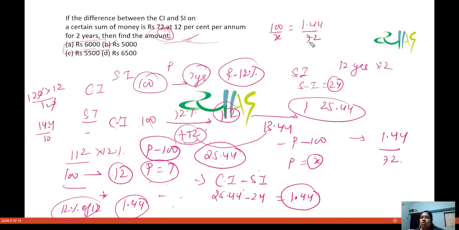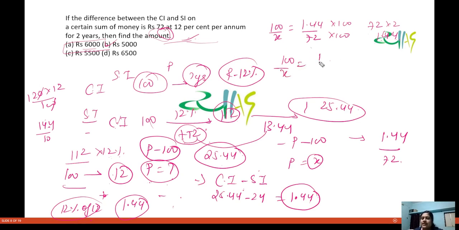Now, 72 into 2 is what? 144. So how will you do this? Basically, just multiply by 100 here. If you are not very comfortable with the calculation, then I am saying this; otherwise, we can do this directly as well.